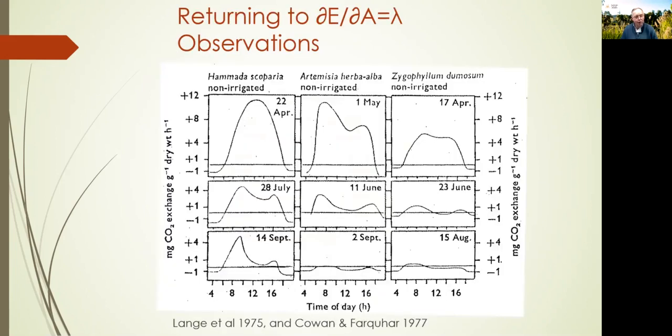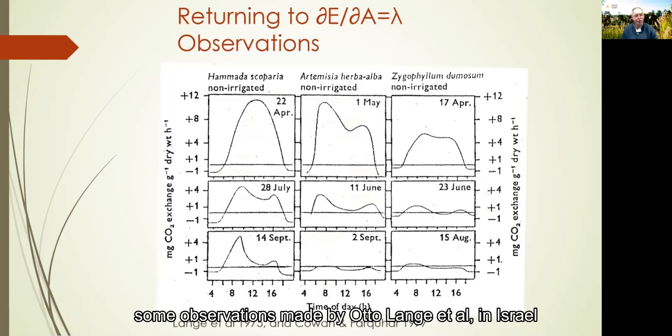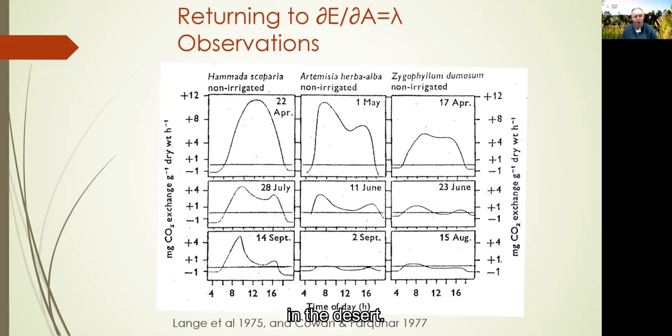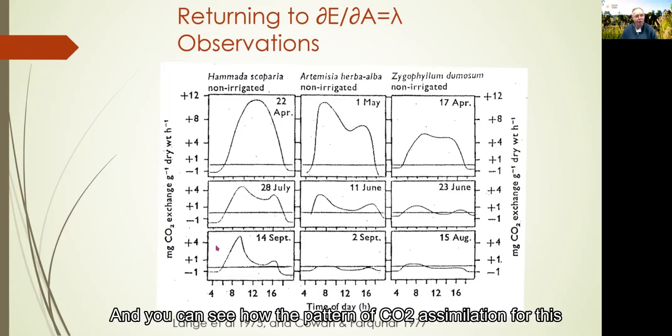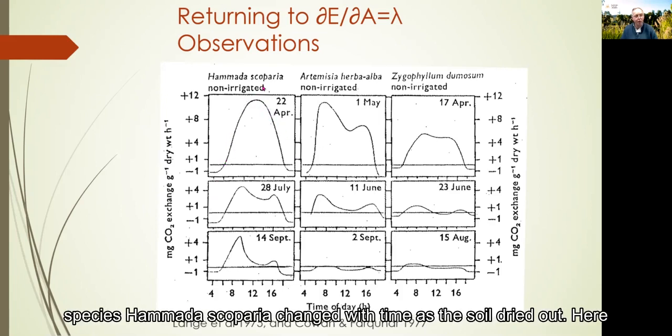Now here are some observations made by Otto Lange et al. in Israel, in the desert, and you can see how the pattern of CO2 assimilation for this species, Hamadoscoparia, changed with time as the soil dried out.